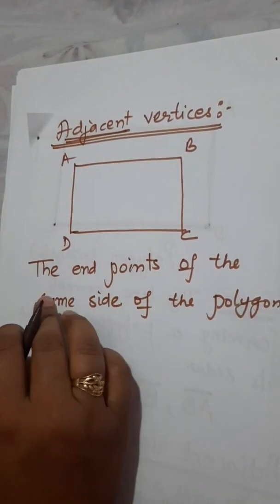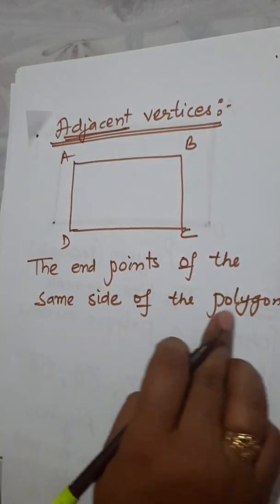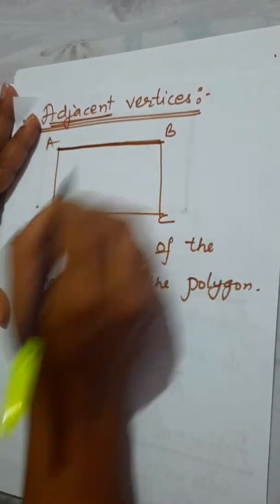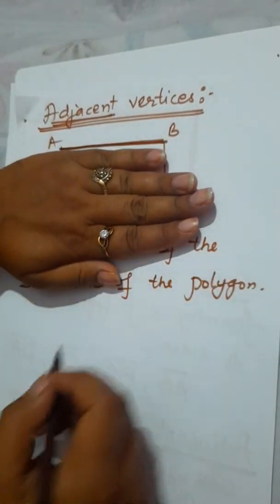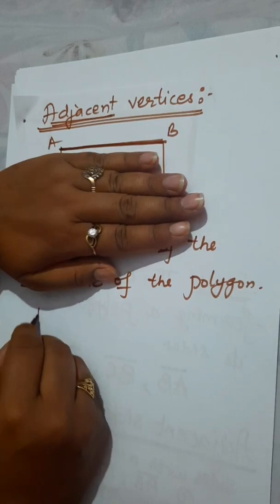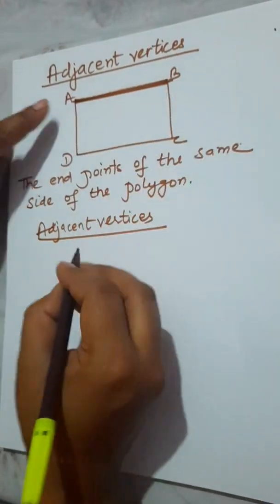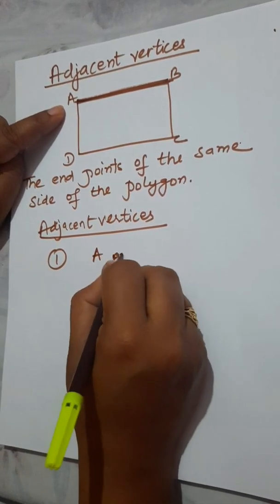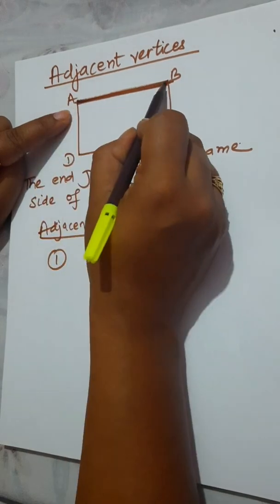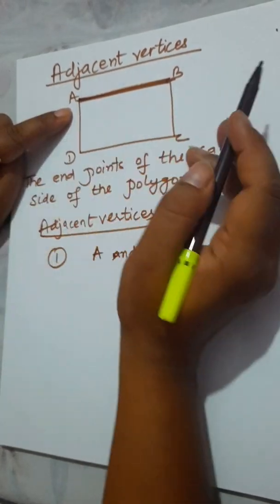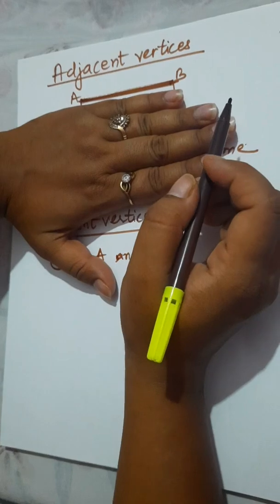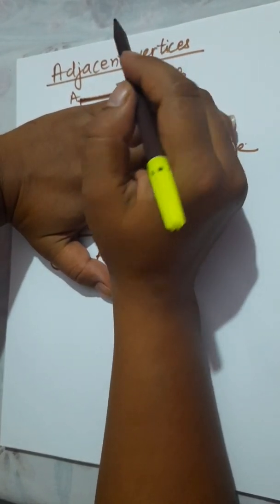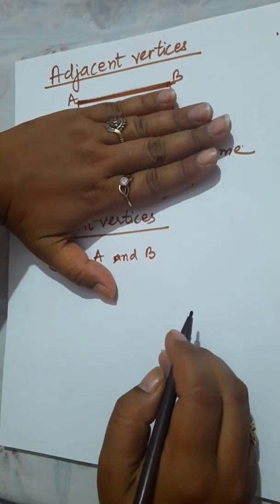So we will take first side AB, and the end points of the side are here the adjacent vertices. First is A and the second one is B. A and B are adjacent because these are the end points of the same side. AB is the side and these are the end points. So the end points of the same side of the polygon are the adjacent vertices.